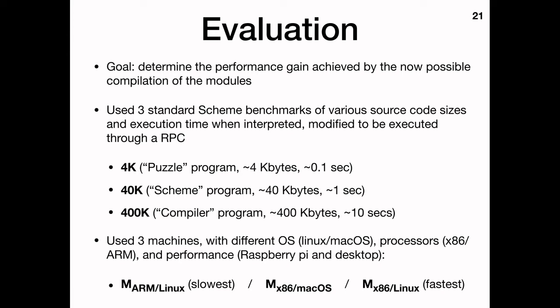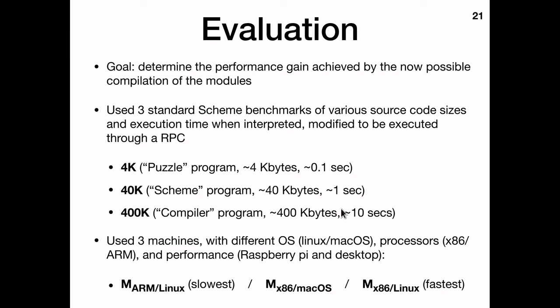We used puzzle, scheme, and compiler of approximate size 4K, 40K, and 400K. The time it takes for an execution of a puzzle time is approximately 0.1 second, 1 second, and 10 seconds.